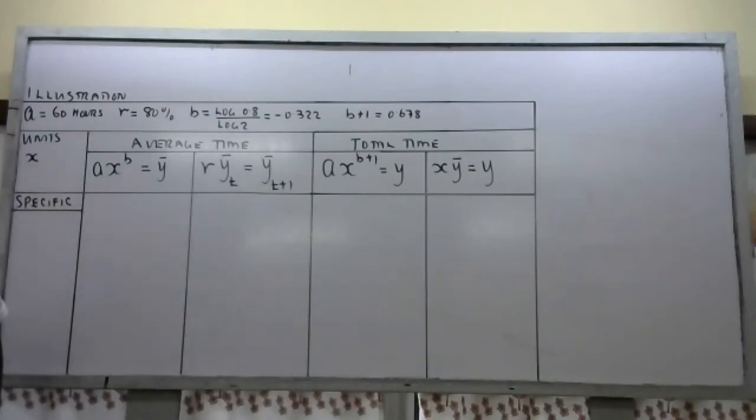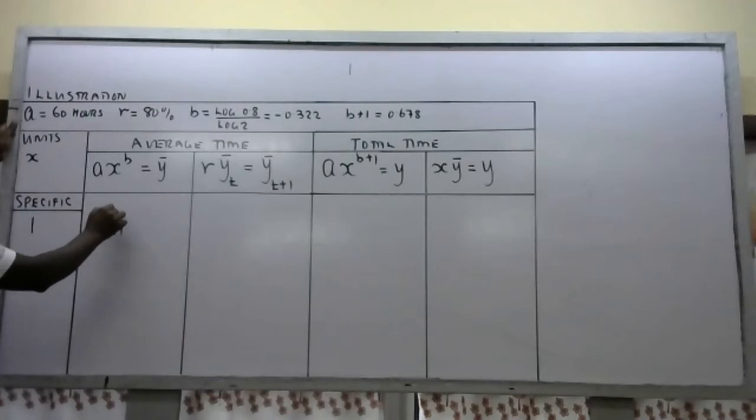Okay. So for the first one, we come on there. Then this one now should be 60 times 1 raised to power minus 0.322. Give me the answer.